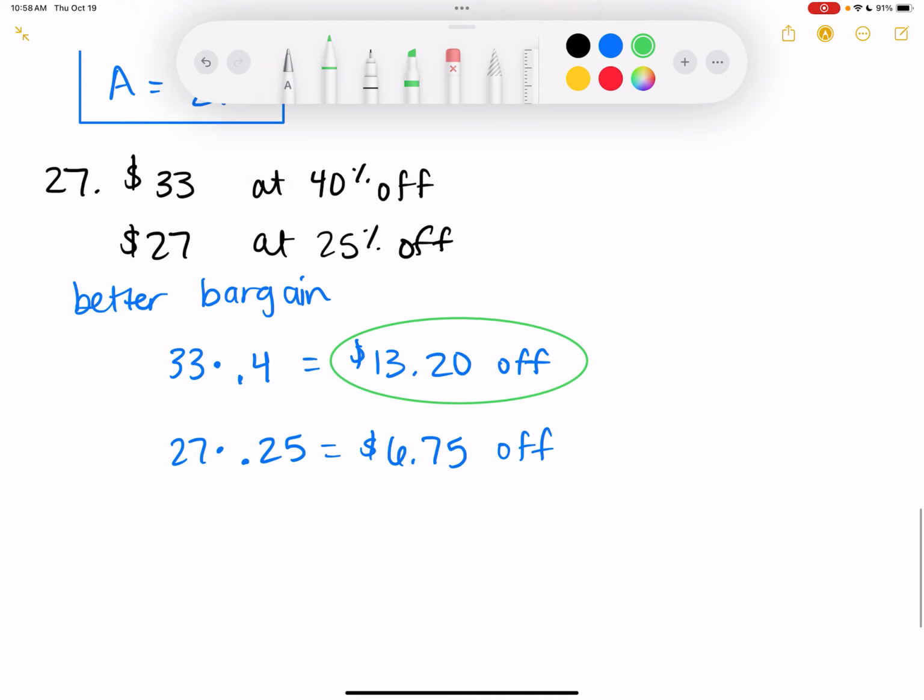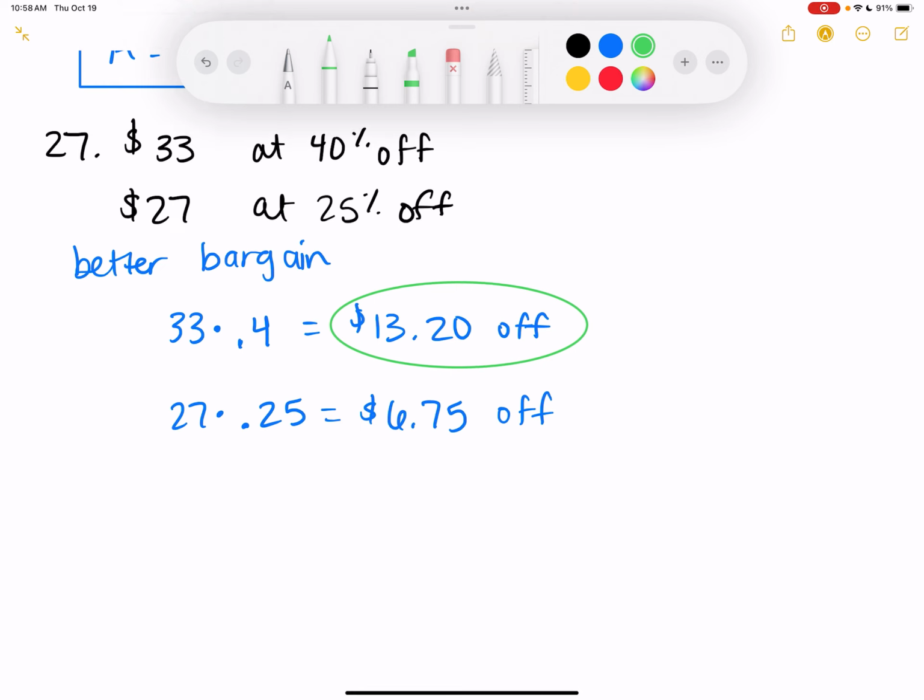Now, I'm going to show you how to tell what you would pay. Okay, because a lot of people don't understand this. And so what they tend to do is they'll be like, well, it's 40% off. So they'll do the 33 times 0.4 and then they'll take 33 minus 13.20. And so that's like two steps of math, but I can give it to you in one.